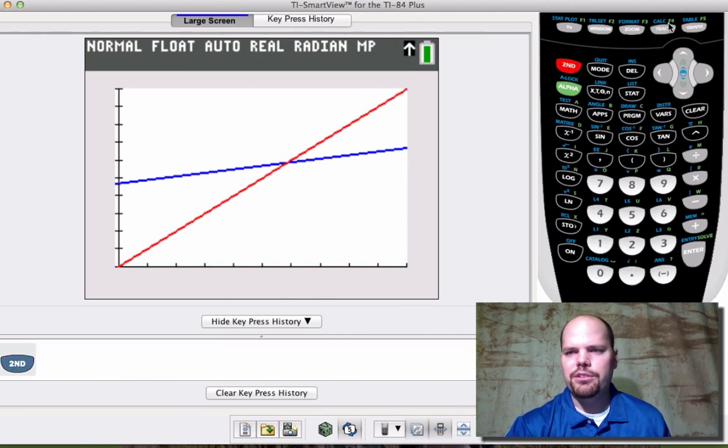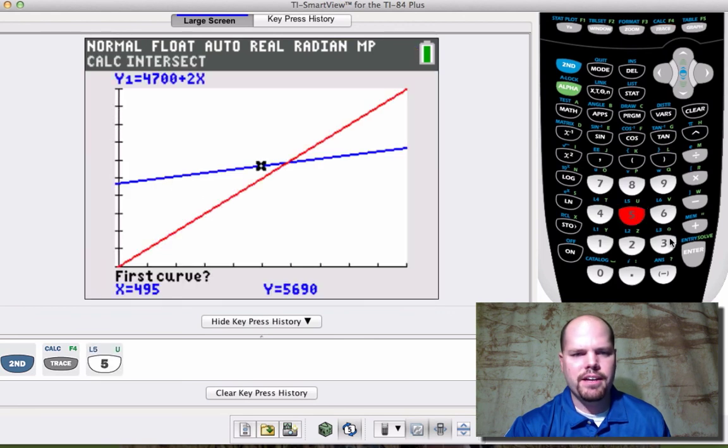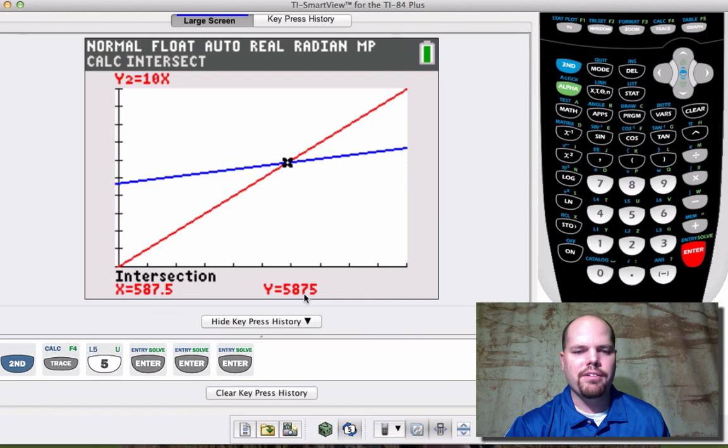So go second trace. We want an intersection, option 5. First curve, y1, second curve, y2, and a guess. And we get 587.5. And then what this y value means is the revenue or cost, which would be $5,875. But remember, in this case, we would need to round this probably up to get 588, since we're talking about number of customers.